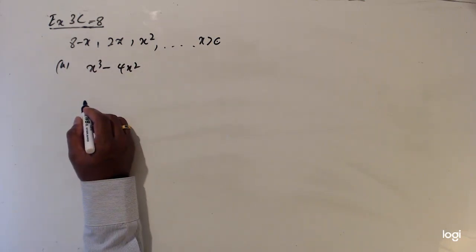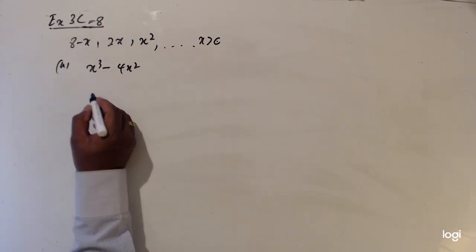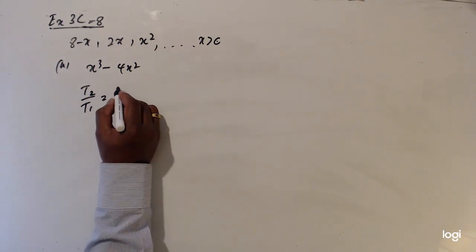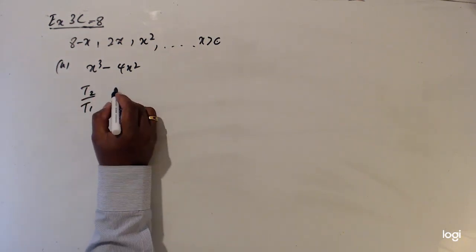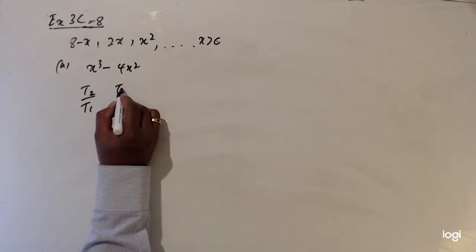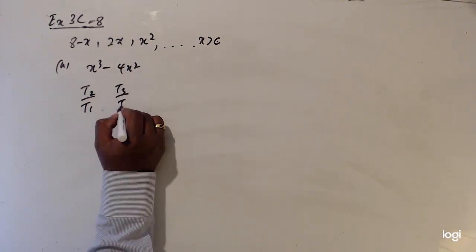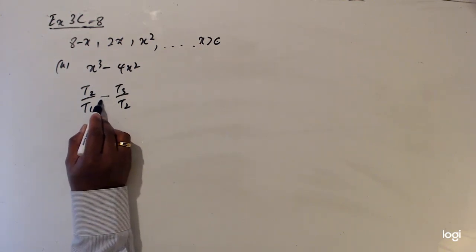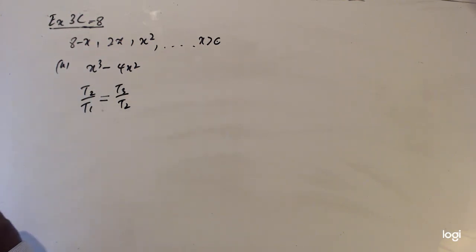With our experience, we know that it's clearly the common ratio. So we have to write the common ratio in two different ways: t2 divided by t1, and then term 3 divided by term 2. Since it's a geometric sequence, we can make them equal.